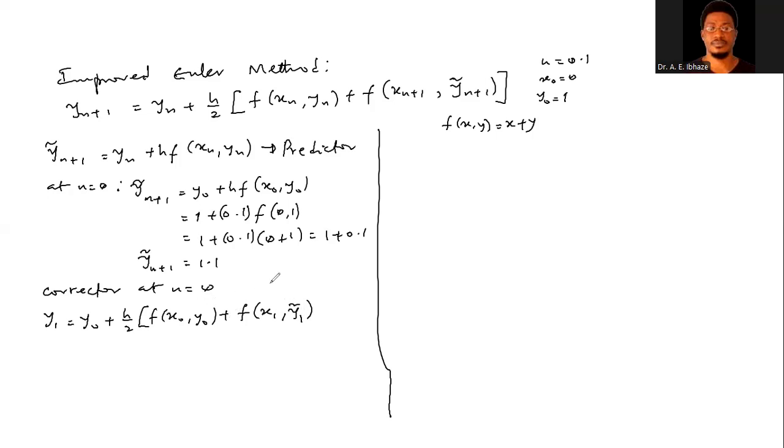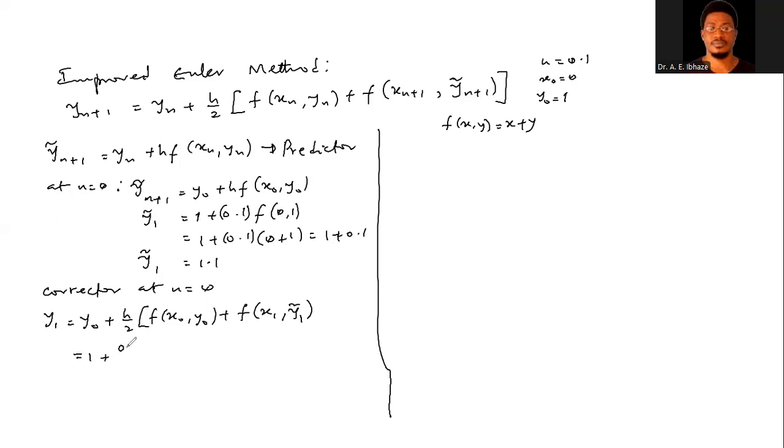So we already estimated that value. At this point, y0 is 1, which is given as the initial condition.